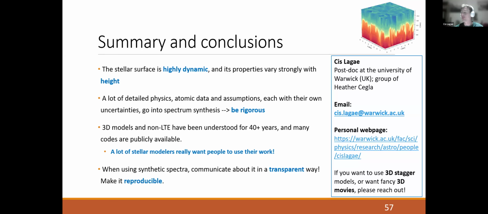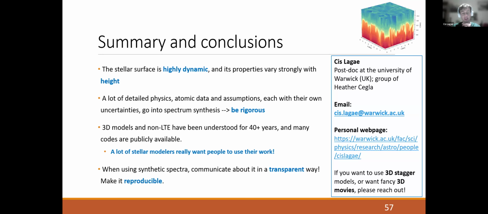Right. Good question. Maybe I was a bit too much of a Debbie Downer in this talk, or scared too much, saying that every line will be crazy different. But what I've seen from my work, to give some context, is that I've been looking at a spectral region, 6,100 angstrom to 6,200, with 30 lines in there.